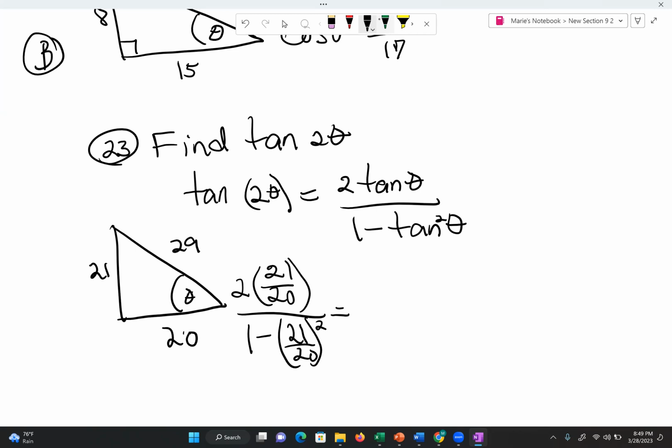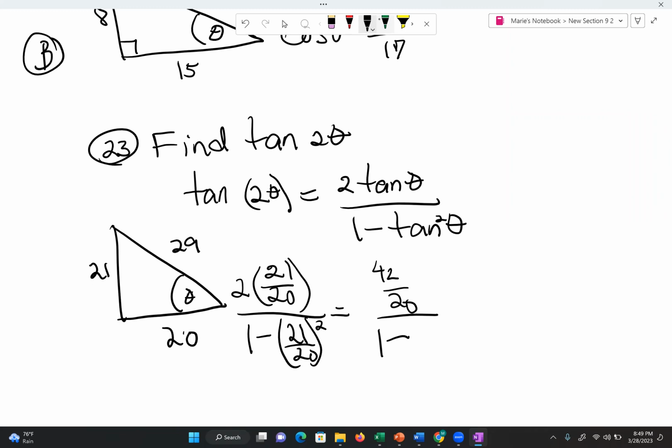So this is 42 over 20 over, and then 1 minus 21 squared over 20 squared, which was 1.1025.